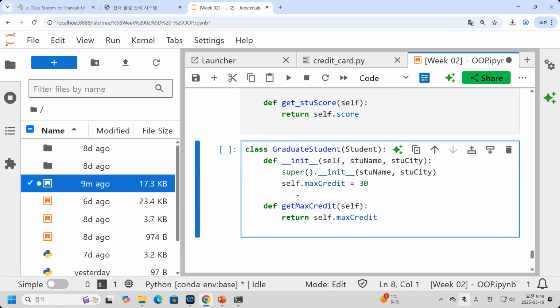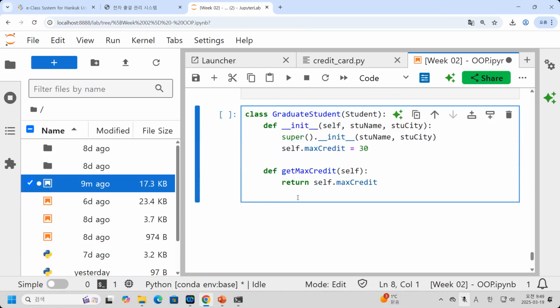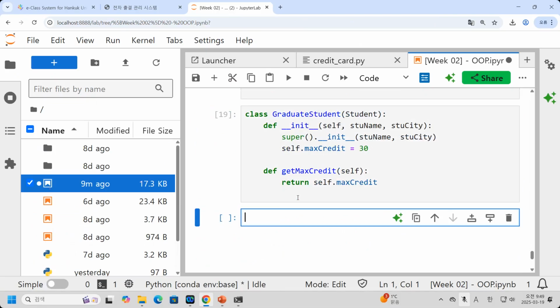So I have a new class, graduate student, and it inherits from the student parent class. Now, I want to make a new graduate student. Let's say G1 is a graduate student, and the name is Bernard and the city is Yongin.